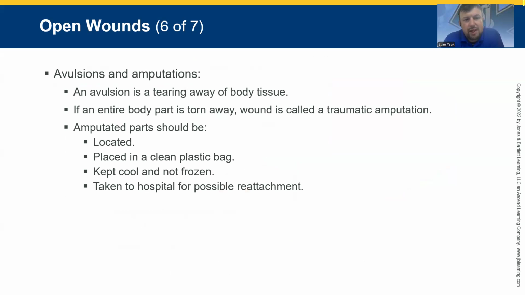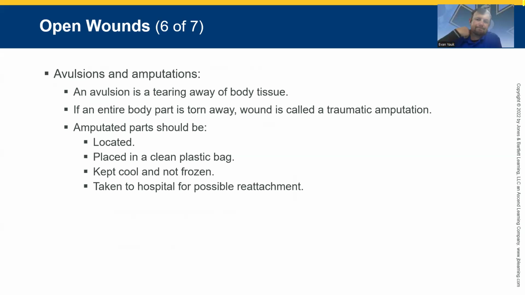Avulsions and amputations. An avulsion is a tearing away of body tissue. An entire body part torn away would be called a traumatic amputation. So I'm going to back up to avulsions.